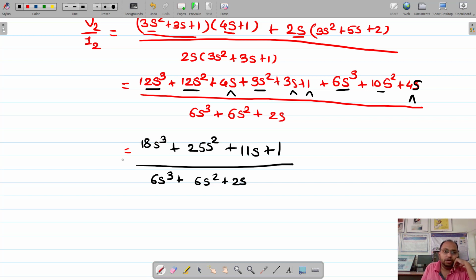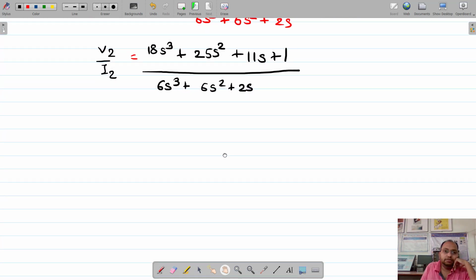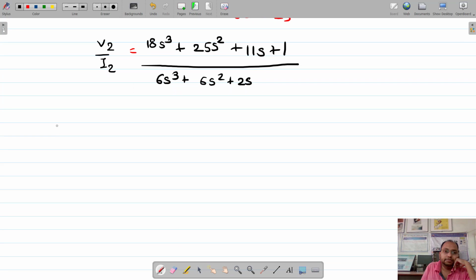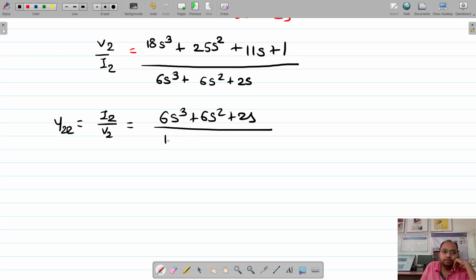Okay, so this is nothing but your v2 by i2, and we need to make its inverse. Therefore y22 is equal to i2 by v2, which is (6s cube plus 6s square plus 2s) divided by (18s cube plus 25s square plus 11s plus 1).